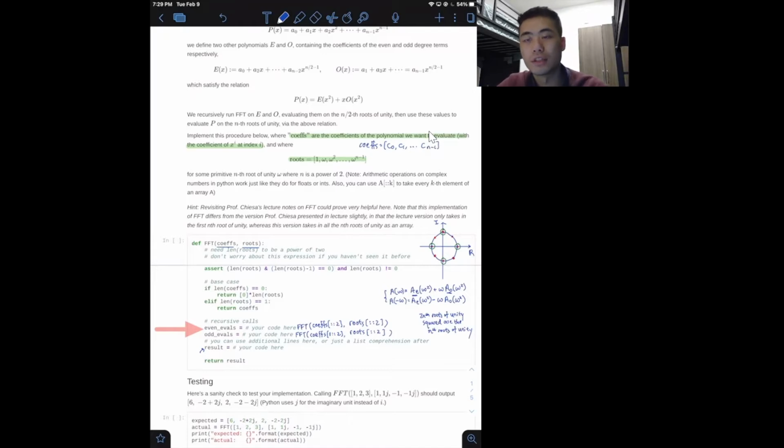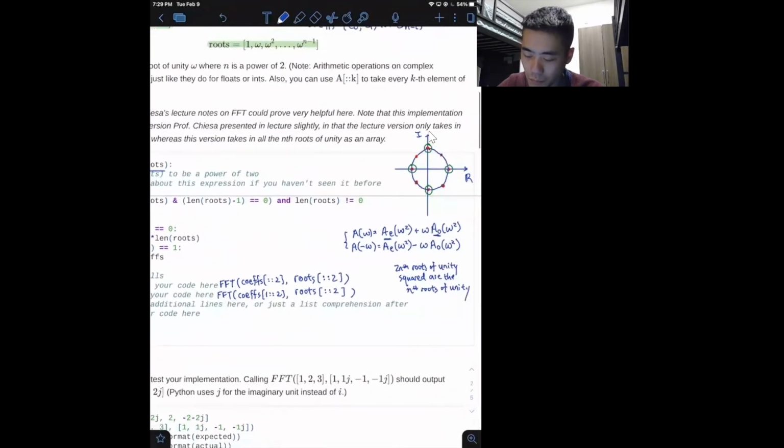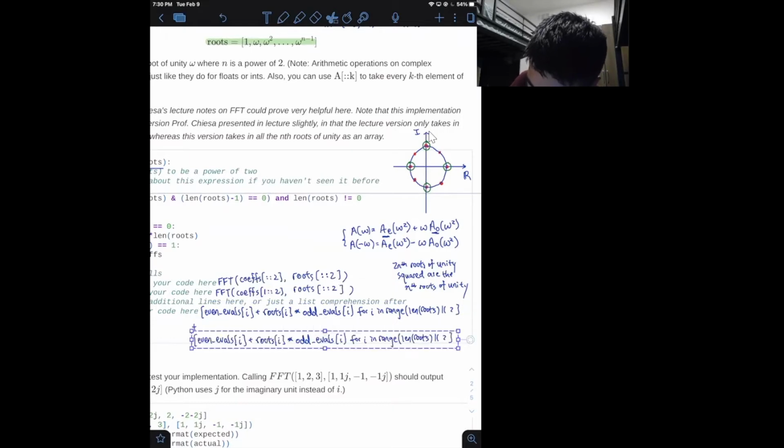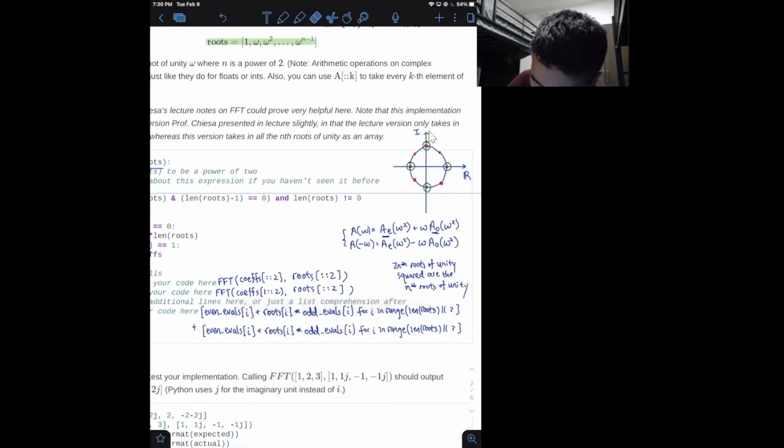Now I'm going to write the answer first and then explain the logic behind the answer in a second, okay? So this will be even evals. Okay, I'm going to change this to this.